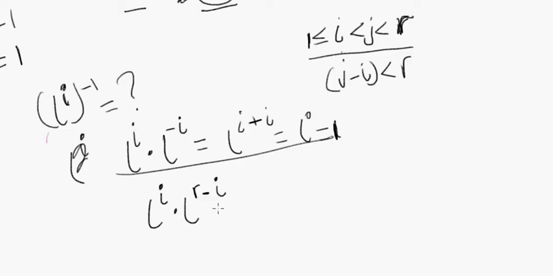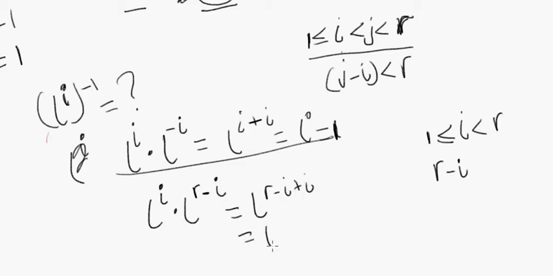Maybe let's multiply first and then deal with the technicalities. Then this gives us L to the R minus I plus I. Isn't that L to the R? Okay. What's L to the R? If the order of L equals R, doesn't that mean that this is the identity?